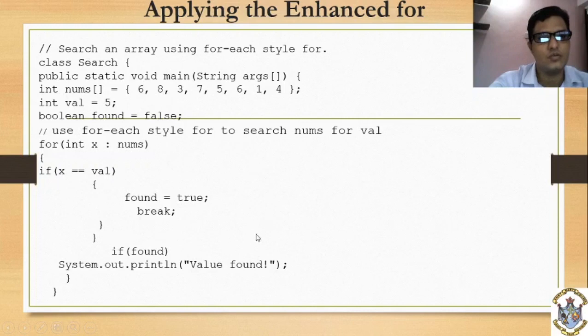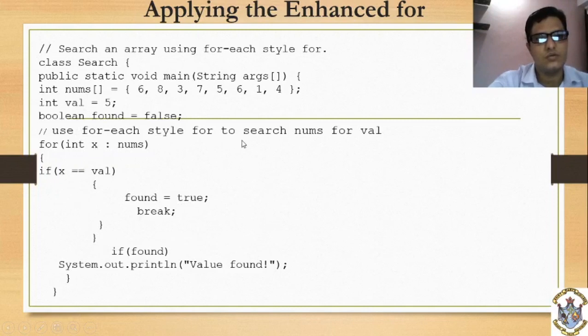Whenever the control moves here, it automatically refers to the next element in the array, which is assigned to x: 8. Once again, 8 equal to 5? False, it will skip. Once again it comes here. 3 equal to 5?